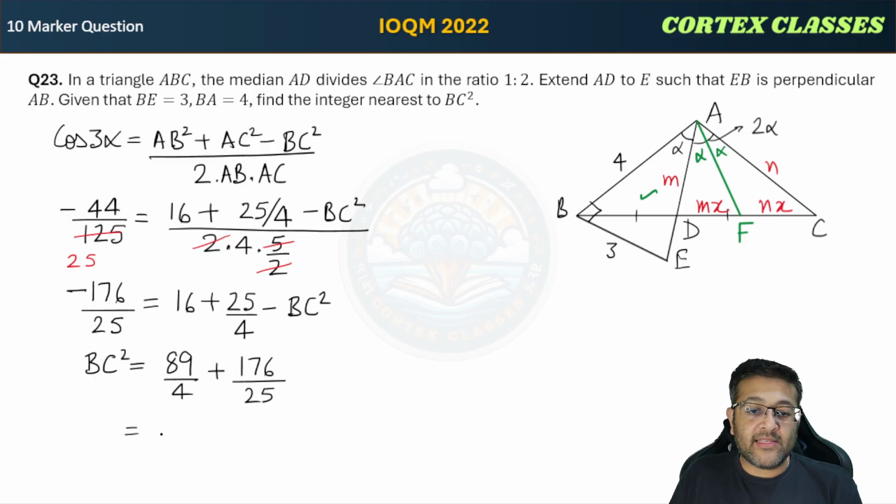Now guys, of course the LCM will be 100, 25 into 4. So first we'll need to multiply 25 into 89. So how much is it? We'll have to calculate. Okay, so just wait for a bit. 25 into 89 would be 2250 minus 25, so 2225, plus 176 into 4.